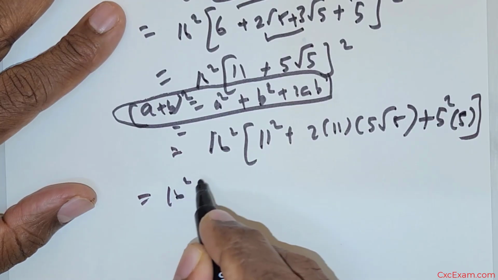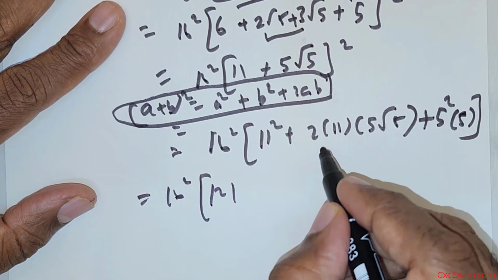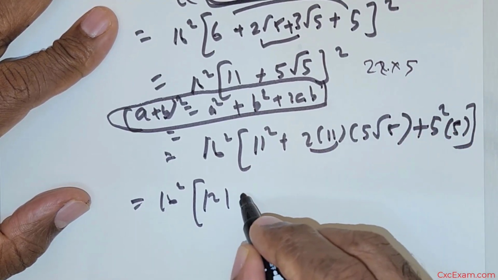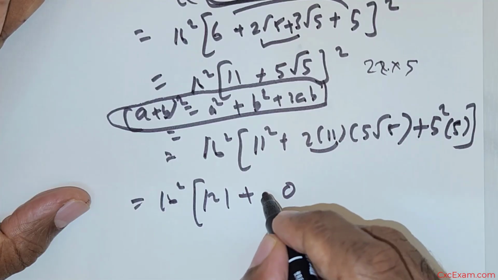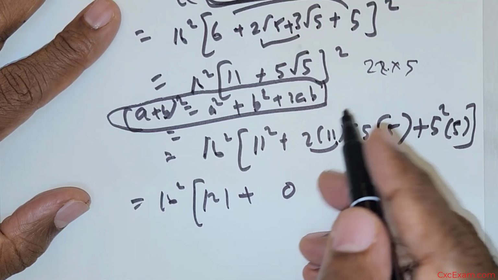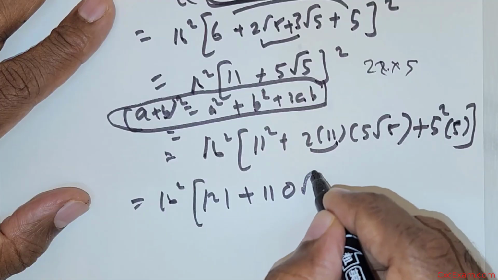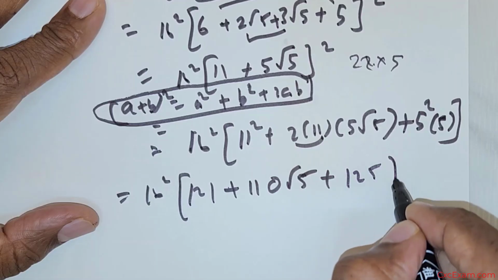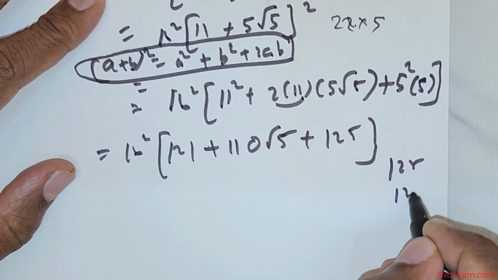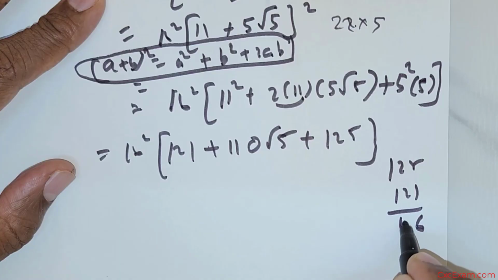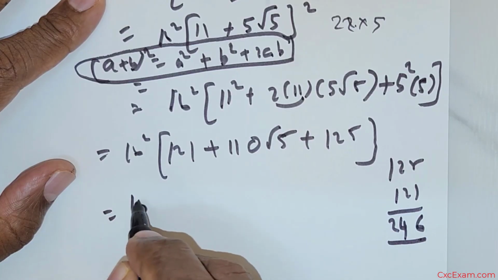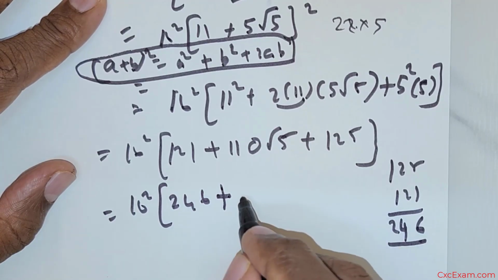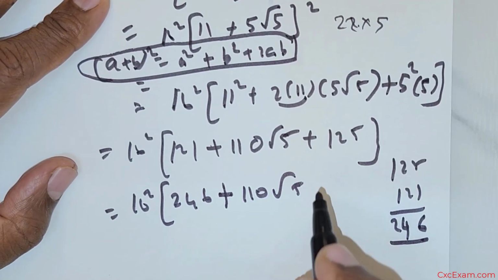So 11 squared is 121. 2 times 11 is 22. 22 you multiply with 5, that is 110, and you have a root 5 there, so place that. This is 25 into 5, that's 125. So you have 125 and 121, that's going to be 246. So 16 squared times (246 plus 110 root 5). This is what you got.